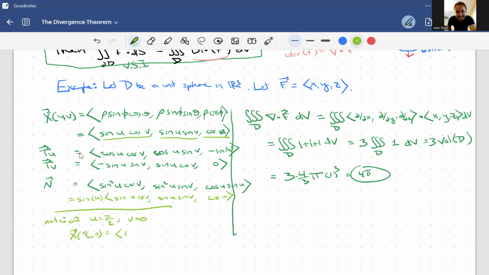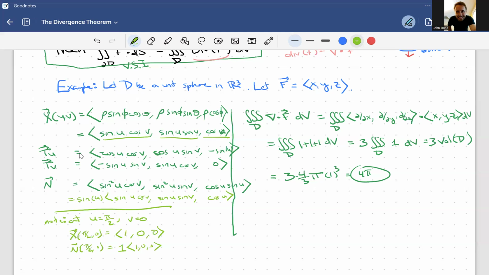So we're going to get a 1, and then a 0, and then a 0. So this is at the point 1, 0, 0. And also notice the normal vector at pi over 2, 0 is sine of pi over 2, so 1, times the position vector, 1, 0, 0. So it's the exact same thing.